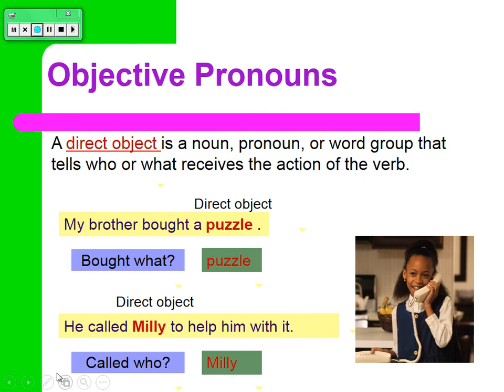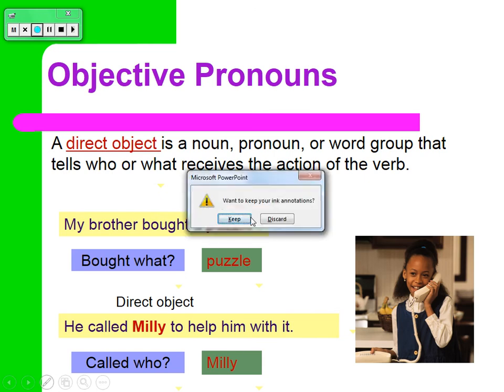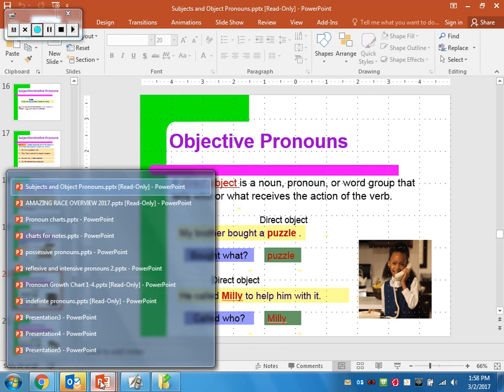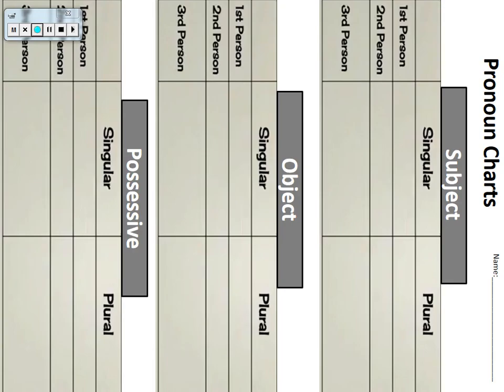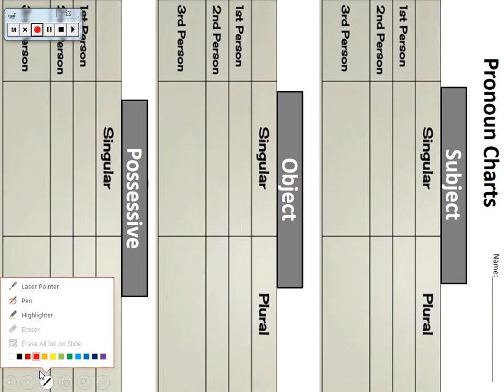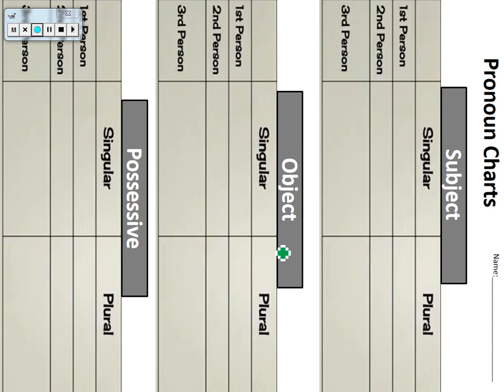Okay, let's go ahead and fill out our chart just so I don't forget. It's going to be sideways again. I'm really sorry. Okay, so object. Me is singular. You.